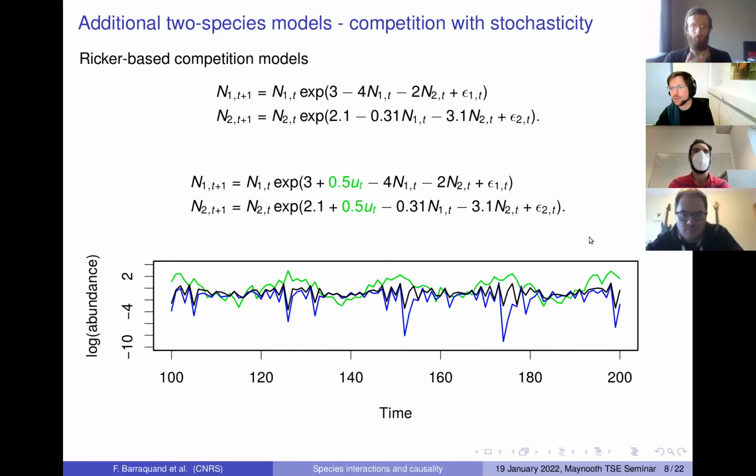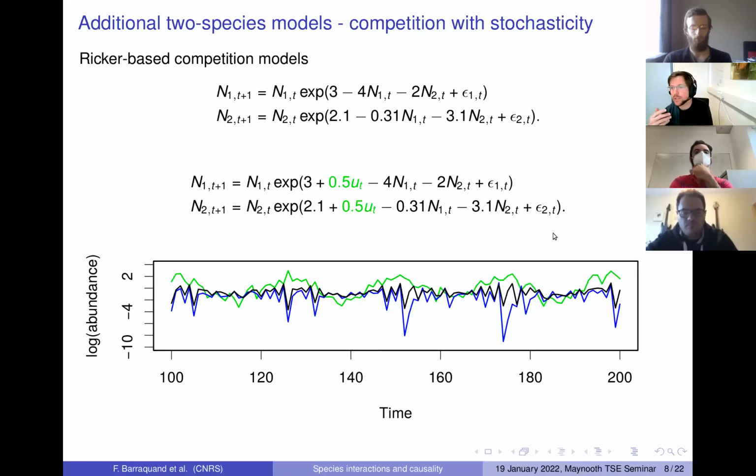And then we crafted new competition models. So on top, you have a Ricker competition model, which is a little bit similar to the previous competition model, but with a slight difference in the shape of the density dependence. And to make things a little more difficult for our statistical techniques, we decided to incorporate a shared abiotic driver in green, where you have a perturbation like temperature, which is affecting both species in the same way.